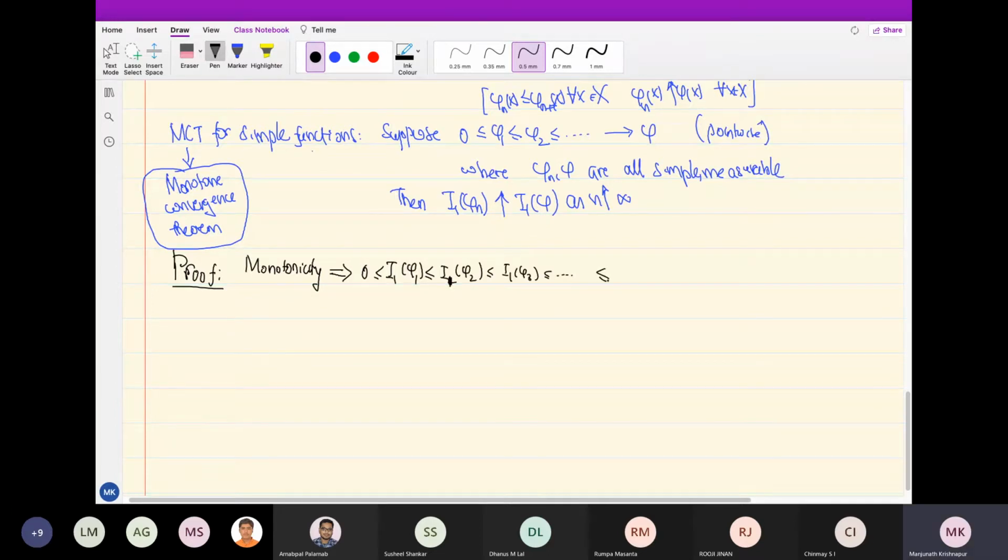And all of them are also bounded by I1 of phi. I can apply the inequality with phi n and phi and see that they are all bounded by I1 of phi, because phi is also assumed to be simple and measurable.